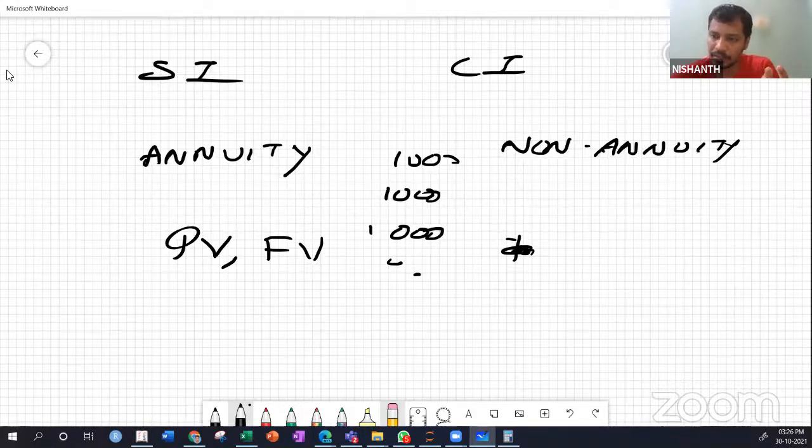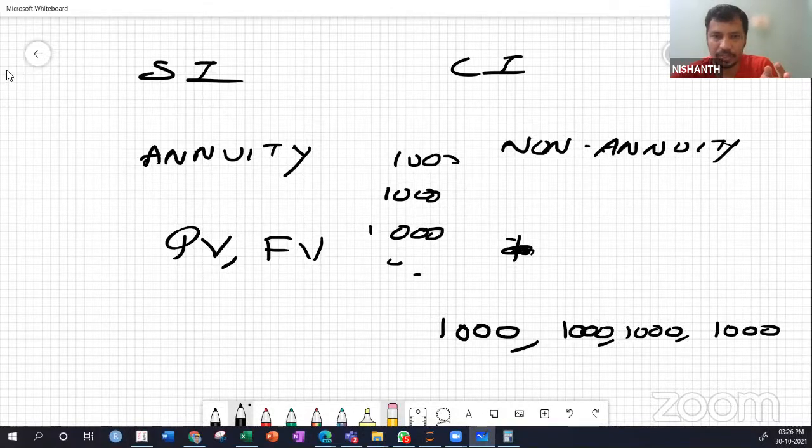For example, assume that I am going to get 1,000 in the next 4 years. What is the present value? Somebody is asking. What does it mean? Okay, let's assume that somebody says it is worth 3,600. What is the meaning of this 3,600? Principal including interest.